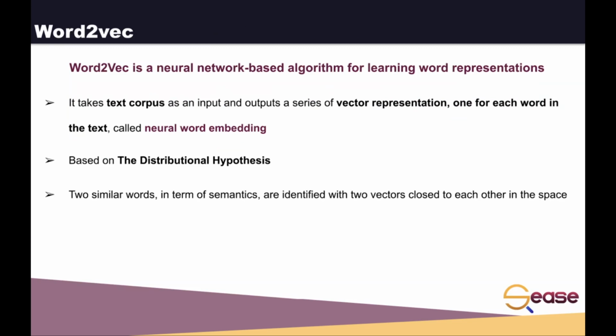The idea behind Word2Vec is that terms with closer meaning, so synonyms, are mostly used in similar contexts. If I say I like pizza, I love pizza, like and love are synonyms.